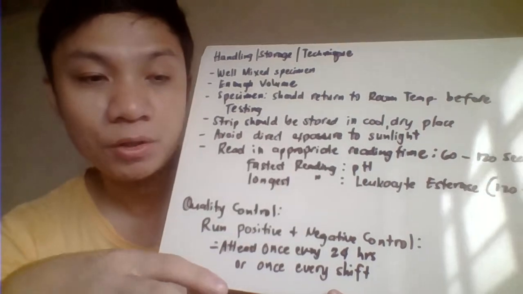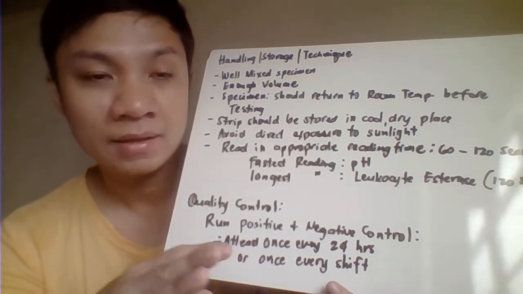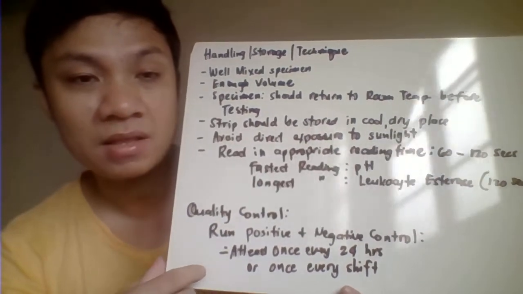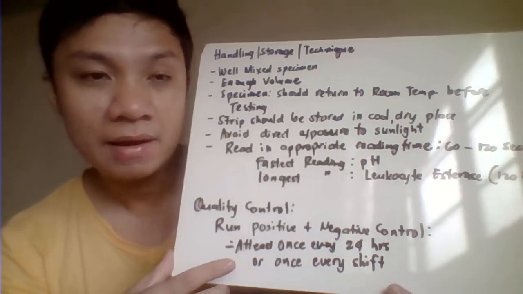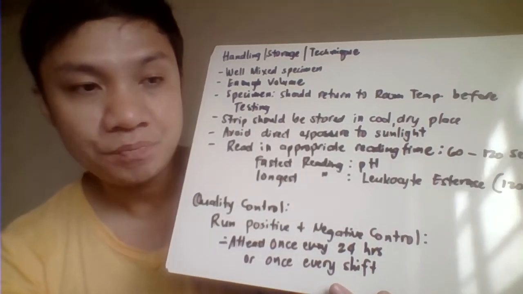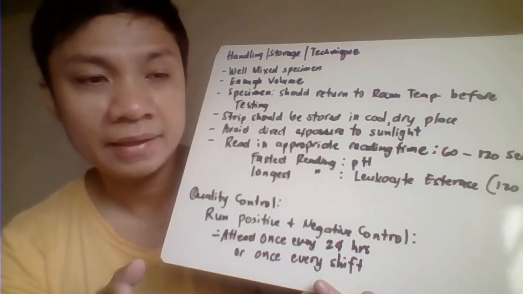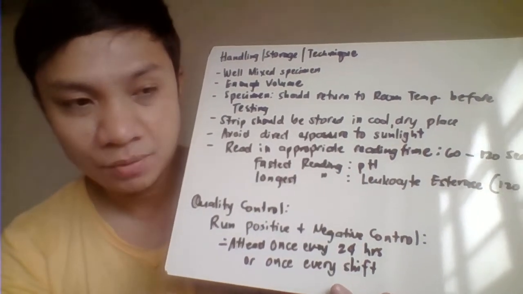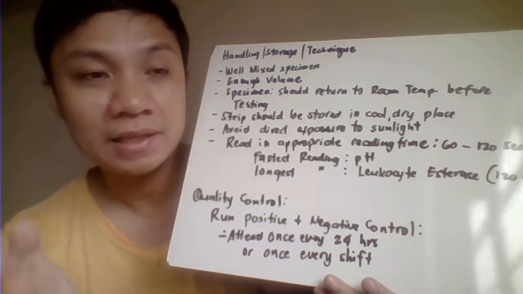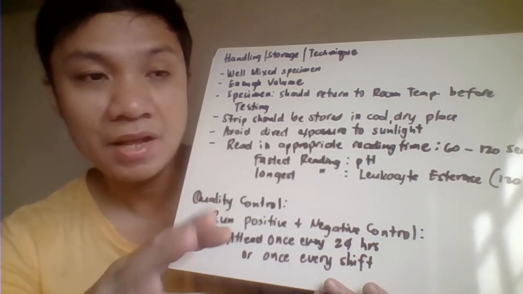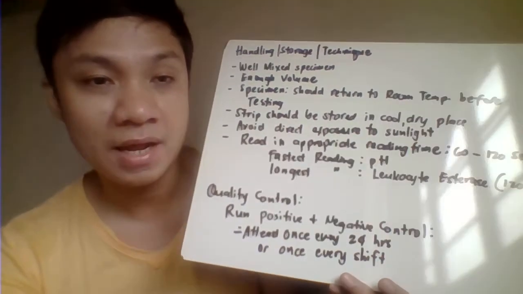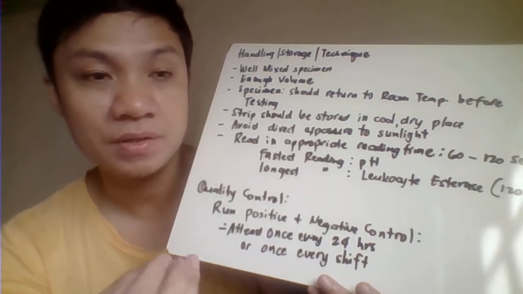If you're not able to get those and include them in your sample, it would underestimate the concentration of those analytes, like for example your RBC, your WBC, and other cells like bacteria. Most likely they tend to settle at the bottom. And if you're not able to mix it, our test results will become negative if you just get the upper portion of your specimen.